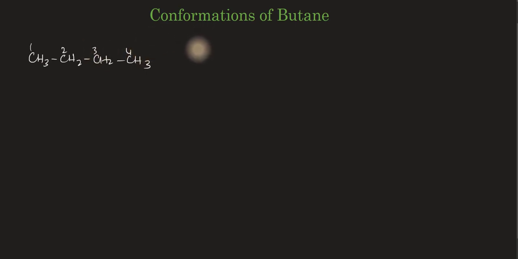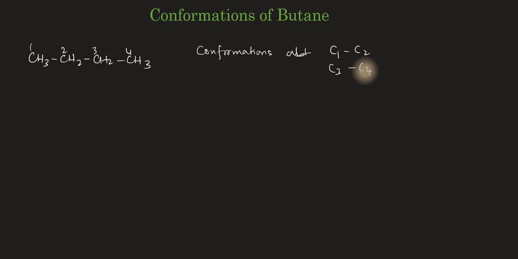When we draw conformations about C1 and C2 as well as C3 and C4, we get a structure almost similar to that of propane. We will not be able to get more details and more interactions possible in these two arrangements.